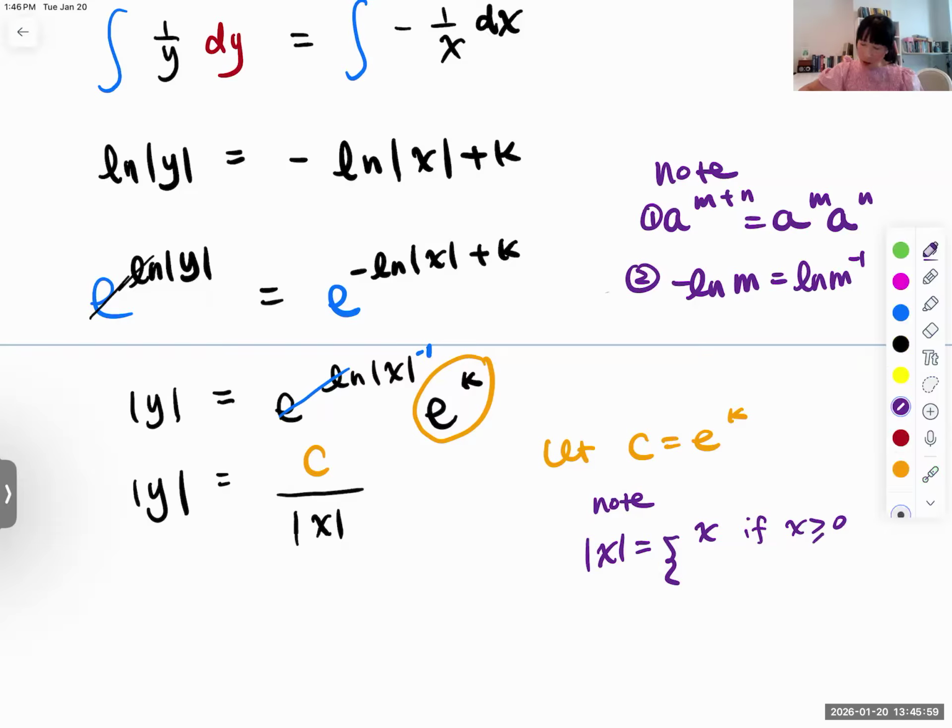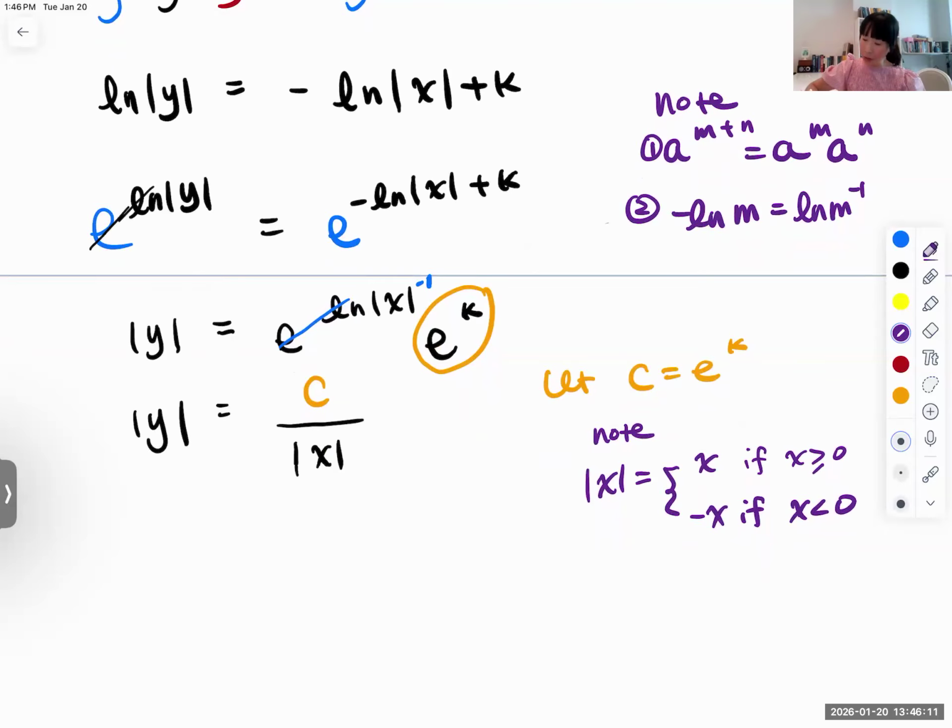So make an equal sign there, negative x, if x is less than 0, right? That's why we have absolute value looks like this, right? V shape, right? So that is x, that is the negative x part.